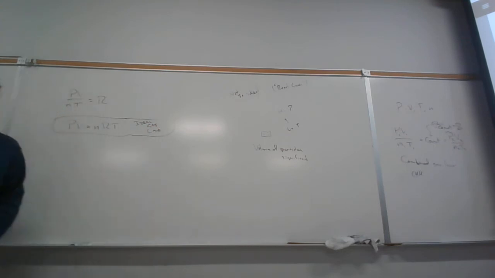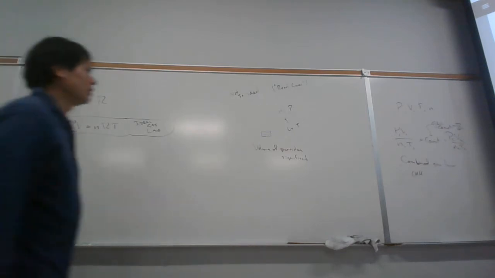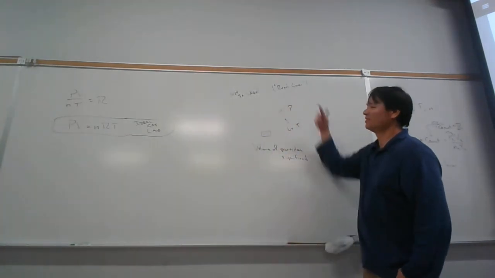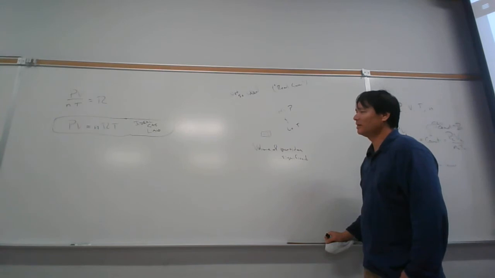The ideal gas law works great if the gas is behaving ideally. But if the gas starts to deviate from ideal behavior, that is ideal conditions, the ideal gas law is going to be in error. And what we have to use are the real gas laws. The real gas laws are beyond the scope of Chem 4.